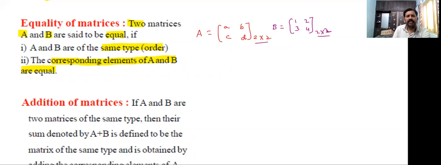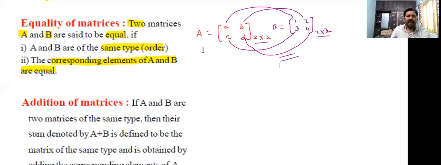Then what about the second condition? The corresponding elements are equal: a is equal to 1, b is equal to 2, c is equal to 3, d is equal to 4. Then we will say that A and B are equal matrices.